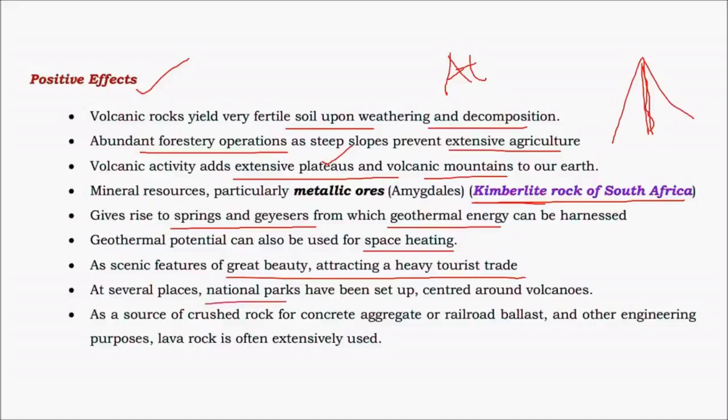There have been several national parks surrounding volcanic zones like Yellowstone National Park in USA, etc. And also they provide rock for building and construction of roads. Concrete, which we call in general, comes from these kind of igneous rocks, which are mainly volcanic rocks.